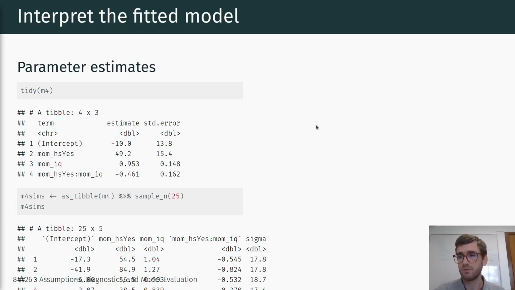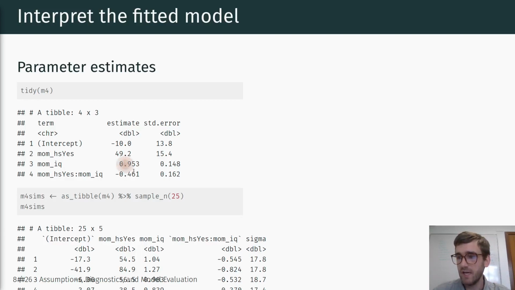If we now focus on the 4th model that includes our interaction term and both predictors, we can briefly look at the parameter estimates, but one thing we should keep in mind is that a lot of the coefficients here are not directly interpretable because we didn't mean center any of our predictors. For example, the mother's IQ test scores range somewhere between probably 70 to 130.